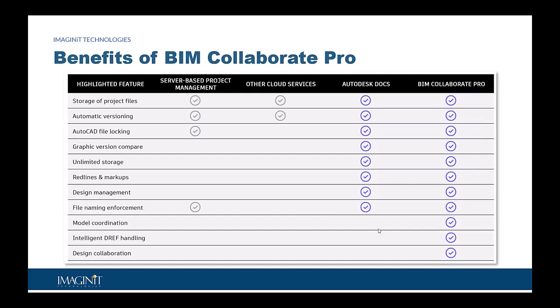And again, what's key about this for the users, and you'll see as we go through here, is it's no different than working on a network drive from a user perspective. So the learning curve is very minimal to be up and running in this and at full production. That happens very quickly. The other thing is Sheet Set Manager. You need Pro to be able to use that as well.